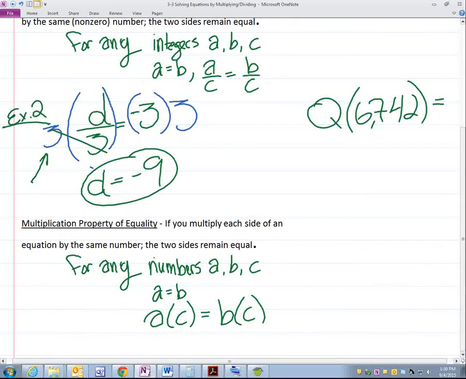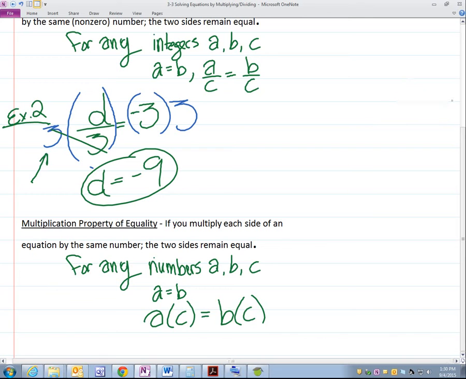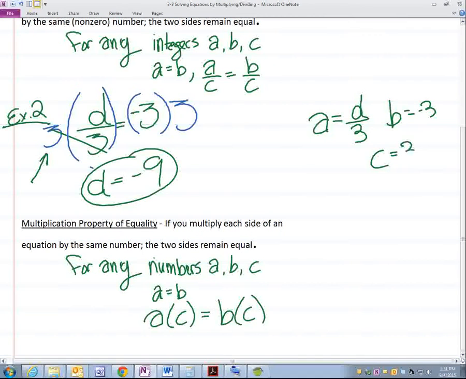Well, what is in blue for example 2? Multiplication. We multiplied both sides. So in that situation, A would equal d over 3, B would equal -3, and C was 3, if you want to make the connection to the algebraic, how we did that just now.